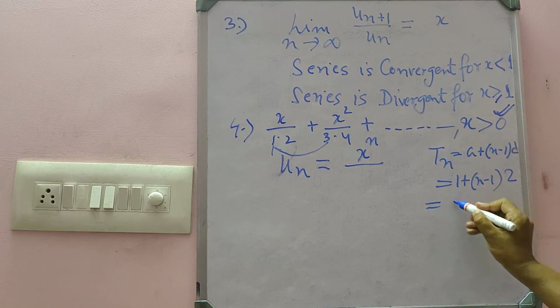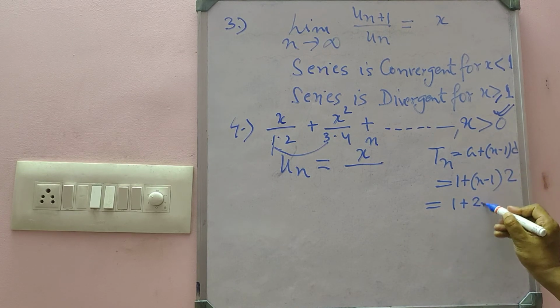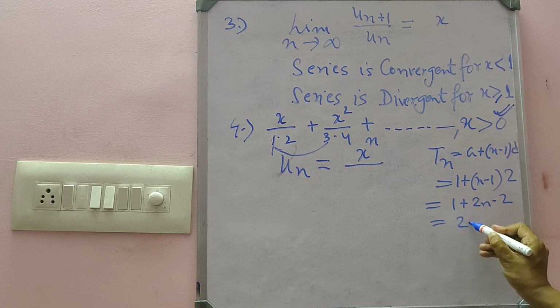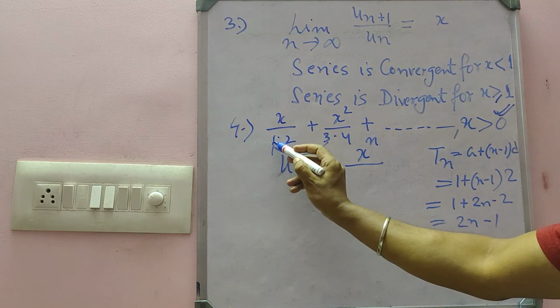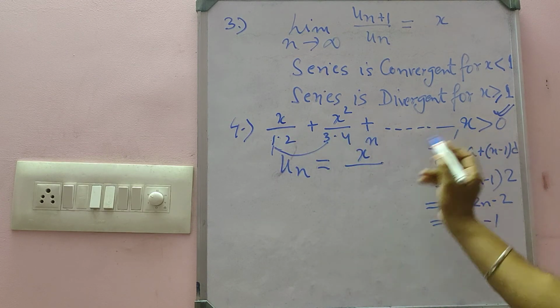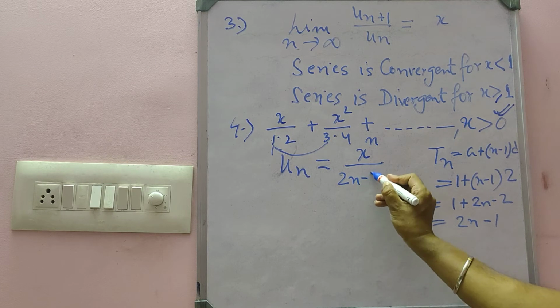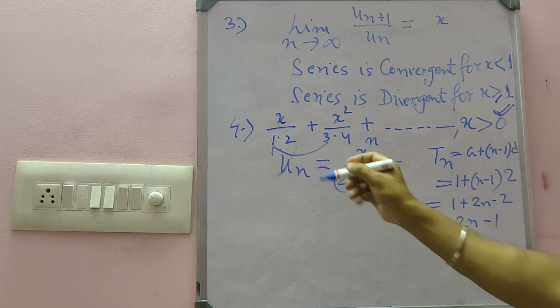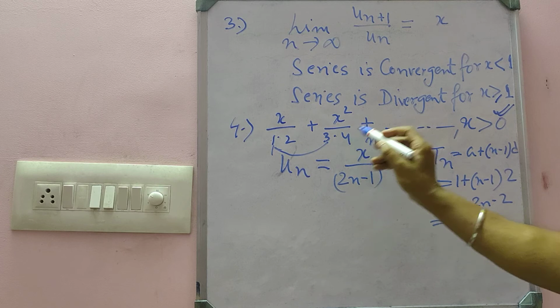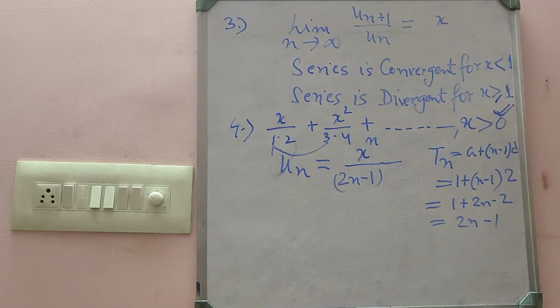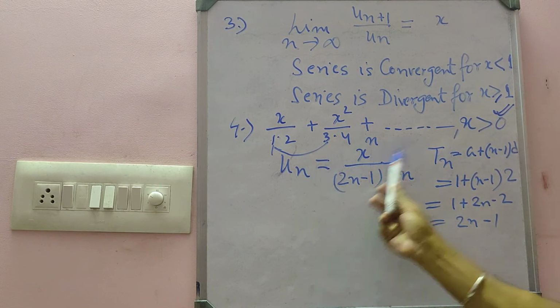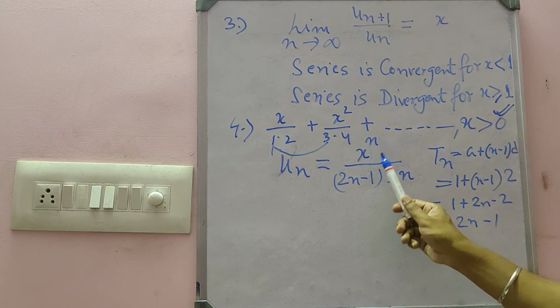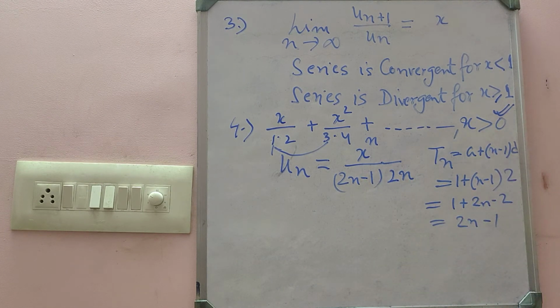So put here: 1 plus 2n minus 2 becomes 2n minus 1. Now see, 2, 4, next will be 6, so on. So it is a multiple of 2. So in the nth term we can write 2n. So this is your un: x power n upon 2n minus 1 into 2n.